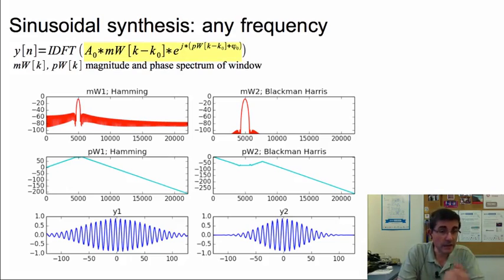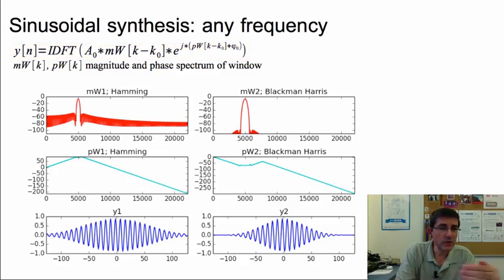So in here, this equation expresses this idea that the magnitude spectrum of the sinusoid is in fact the magnitude spectrum of the window shifted to the right frequency and multiplied by the right amplitude. And again, the phase spectrum is also the phase spectrum of the window shifted to that particular location.